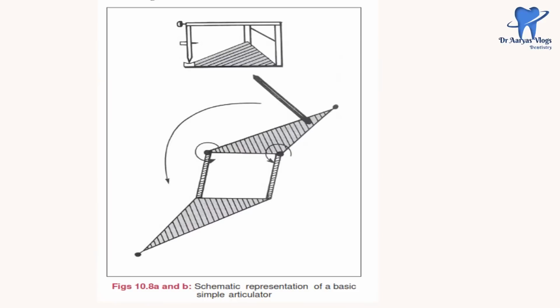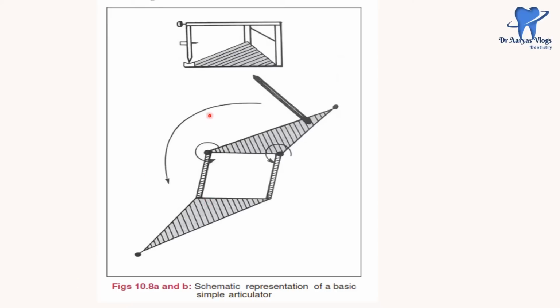What is the structure of an articulator? Generally, an articulator can be described as a trianguloid apparatus. It consists of an upper member and a lower member. The upper member represents the maxilla and the lower member represents the mandible.